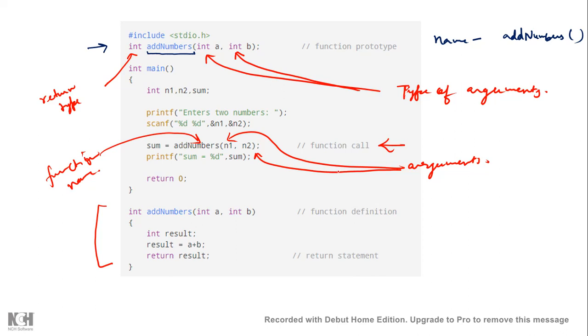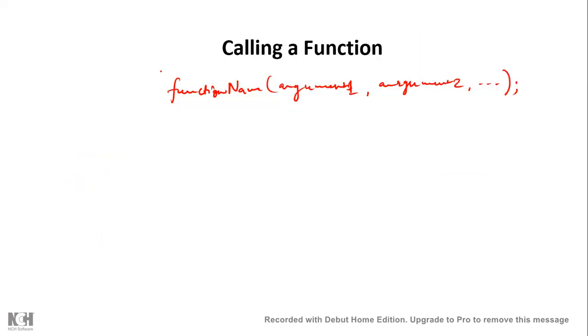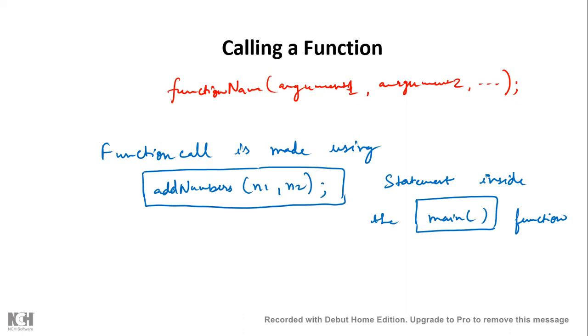Remember, the function is called inside the main function. So the function call is made using add numbers. This is the function name, and n1 and n2 are the arguments, and this statement is written inside the main function. Remember that the function call is done inside the main function.